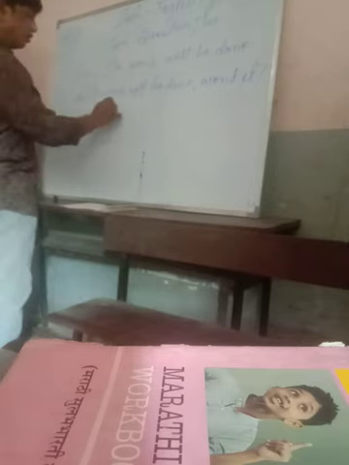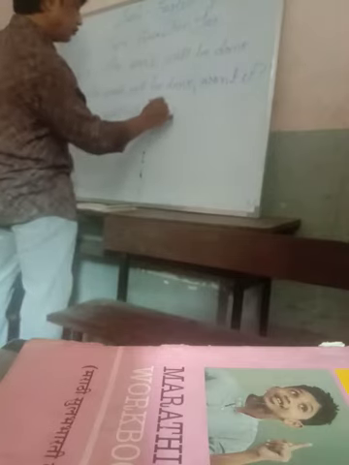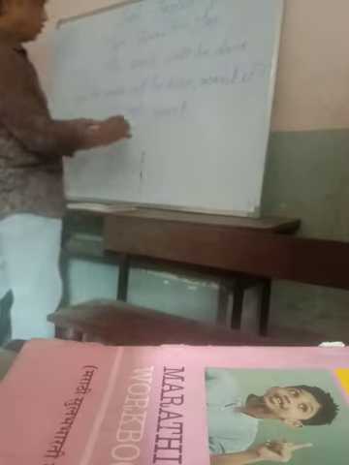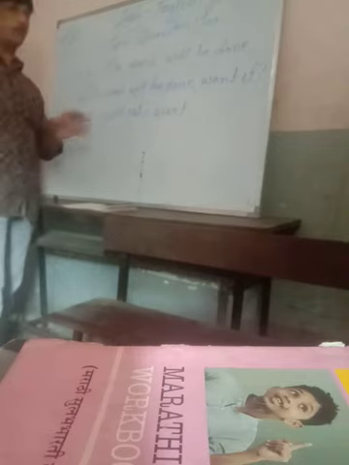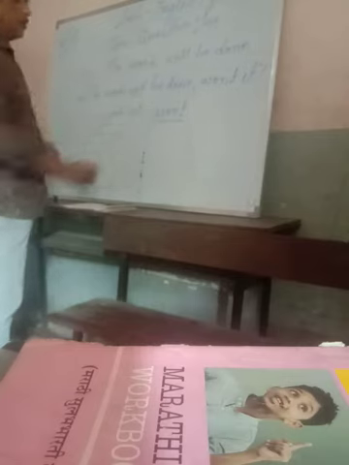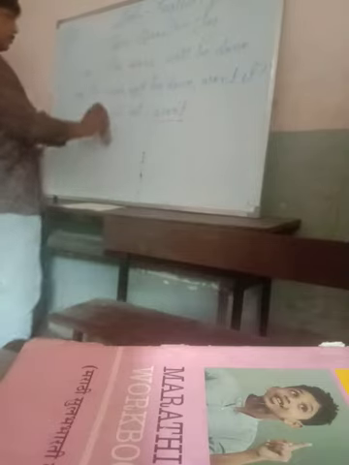So will not, the short form of will not is won't. So won't will be there because as per the rule, question tag is always in the short form, in the contracted form. You must know all the short forms of the helping verbs, correct? Another sentence I am going to give you.